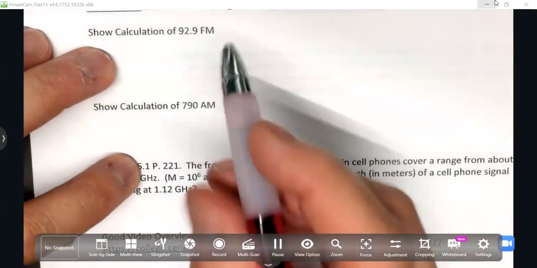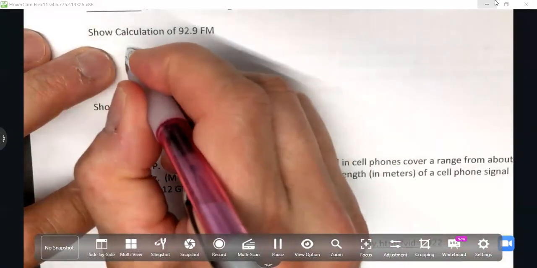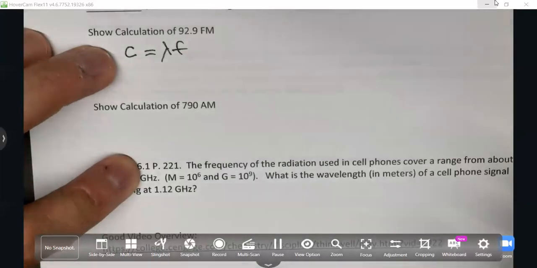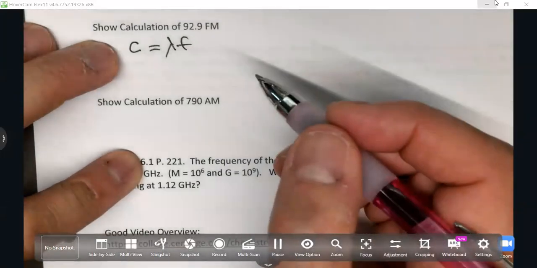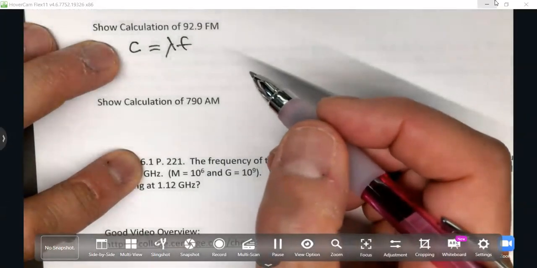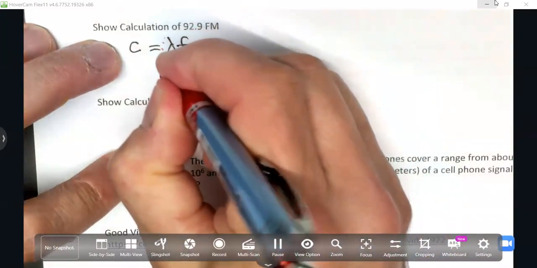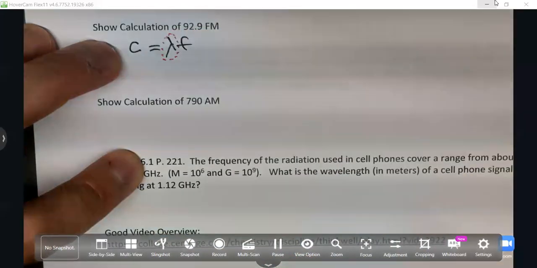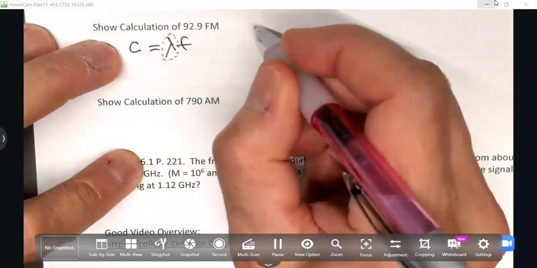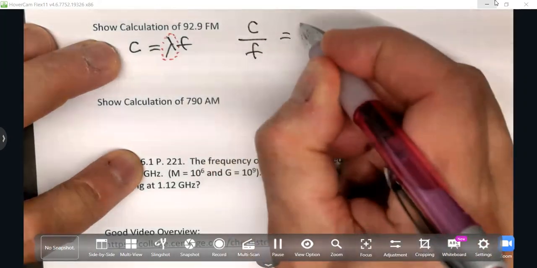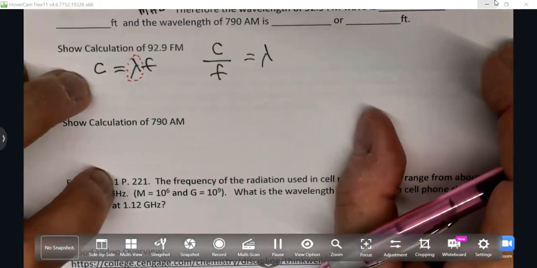Okay, so here's what we got. We're doing c is equal to lambda f. Let's identify everything here. We've got to figure out wavelength, so let's solve this for the wavelength right away. C divided by frequency is going to be my wavelength. So let's plug this in.